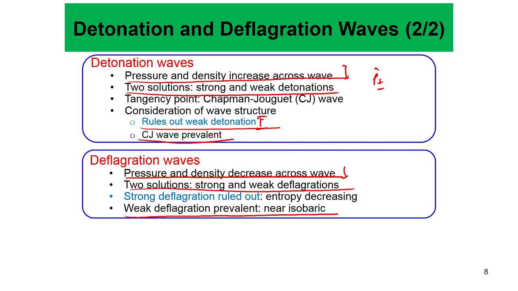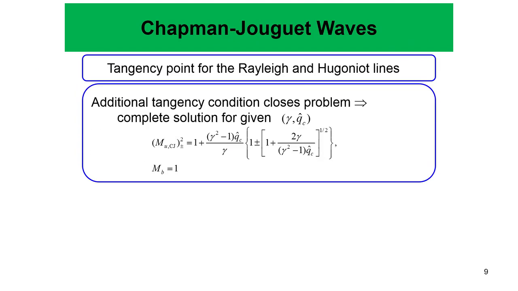The upper CJ point, which happens when mu is greater than 1, is of very high interest for detonation, because typically the detonation propagates at this CJ point, and at this point a very interesting thing emerges: from those relations you can find out this tangency condition, because it means that your dp/dv cap obtained from the Rayleigh lines is equal to dp/dv cap obtained from the Hugoniot lines. Okay. So from the combined solutions you can obtain the mu CJ actually.